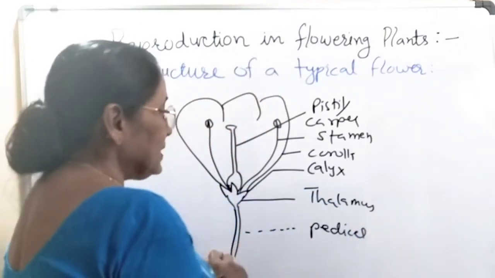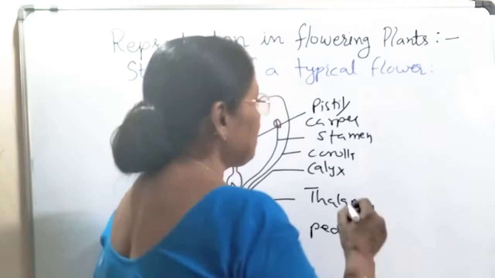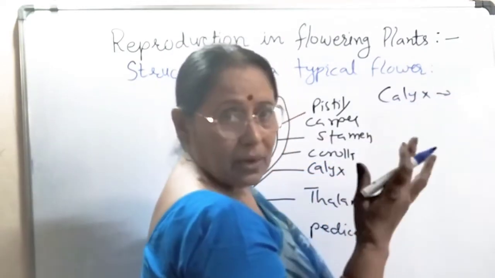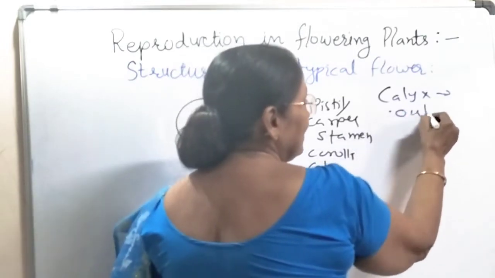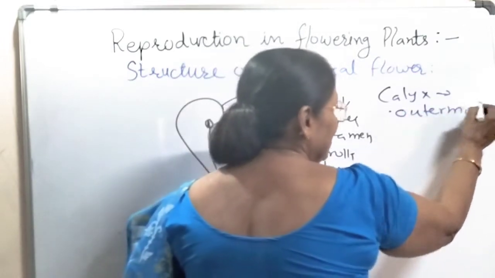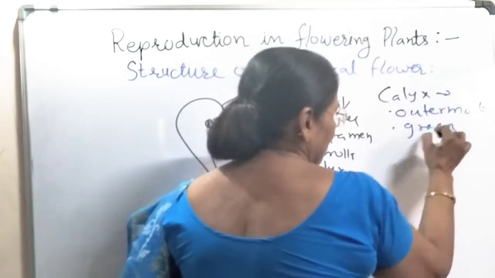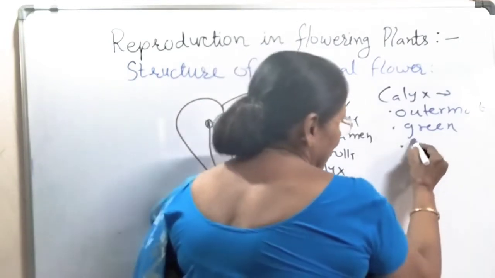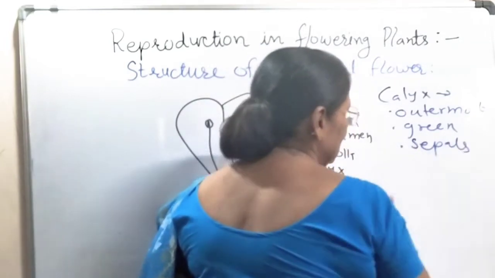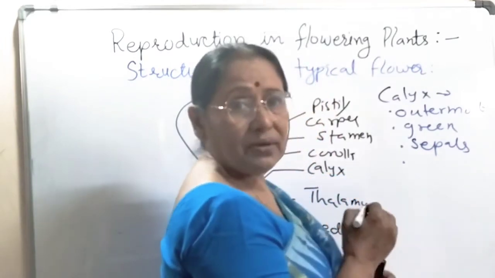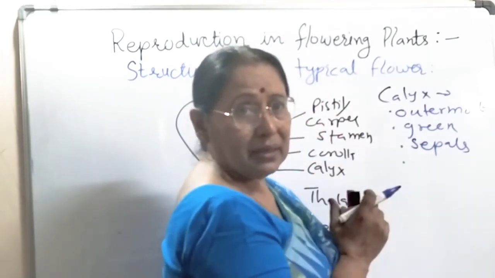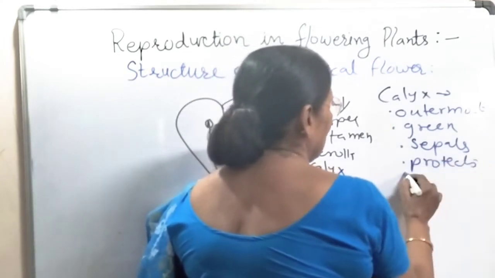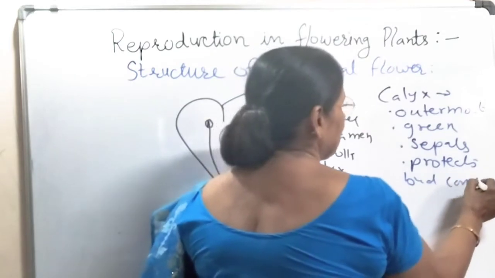Let us see the first one, that is calyx. If this is the calyx, it is outermost. Then it is, yes, green in color. Its individual members are called sepals. Their function is they protect the flower in bud condition.